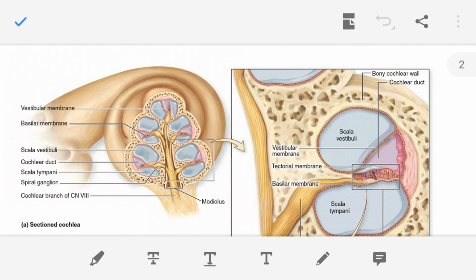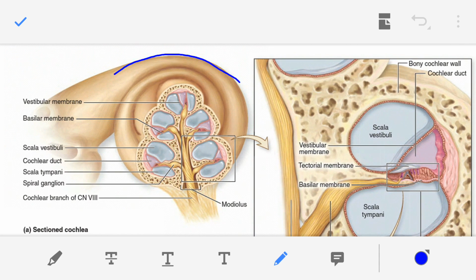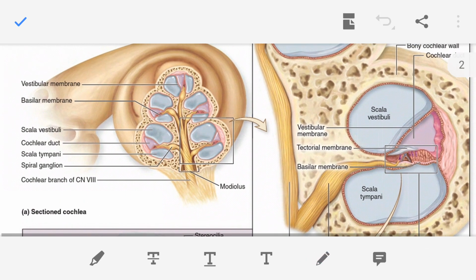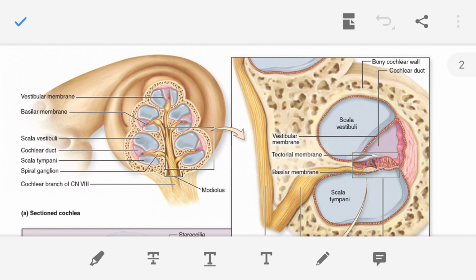In this figure, see here, this entire structure is the cochlea, and they have shown the section through the cochlea. Let me show you this entire figure.